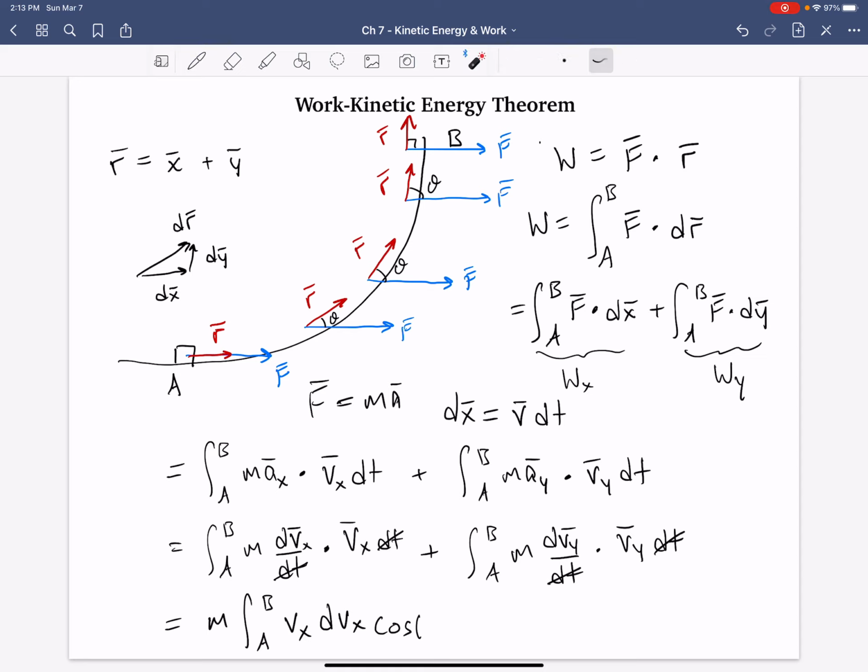Vx is the component of the velocity of this box as it moves from point A to point B. It's the x component of the velocity. The dvx is the tiny bit of change, how much that velocity component changes in the x direction. Well, if they're both in the x direction, the angle in between them is 0. So thus, cosine of 0 is 1, and our integrand is just v dv.